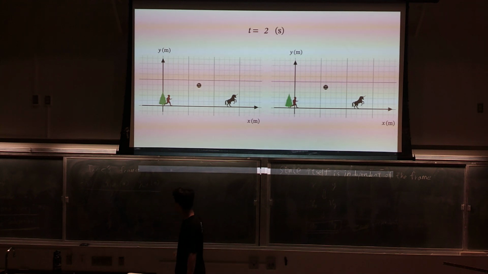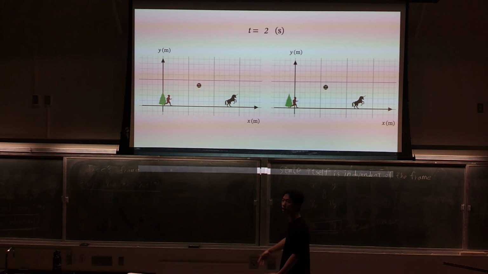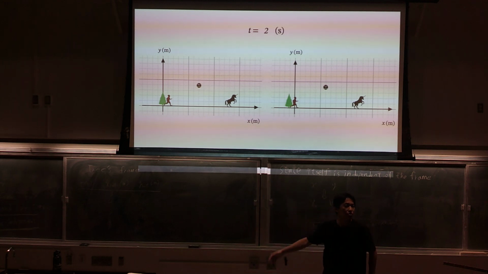So here is how I describe motion. I just write down the location of the ball at all times, and I'm describing motion. Okay? Now, are you guys familiar with function? Nice, good.